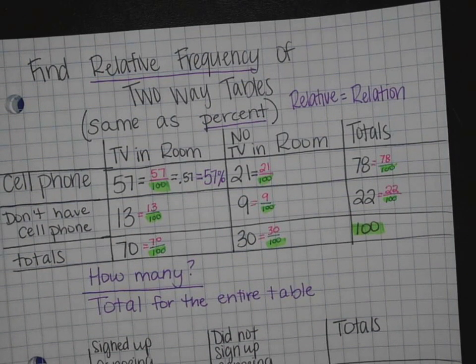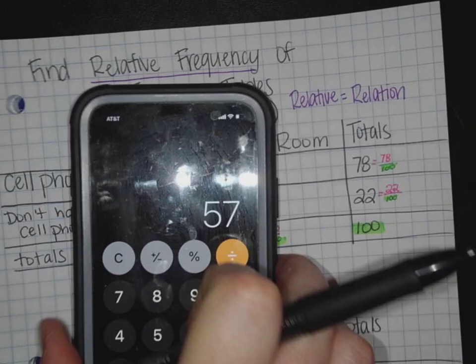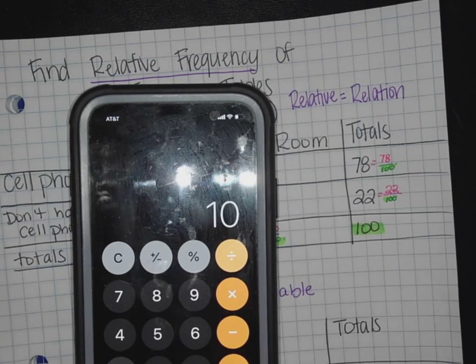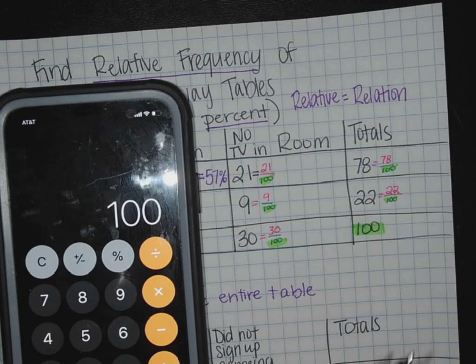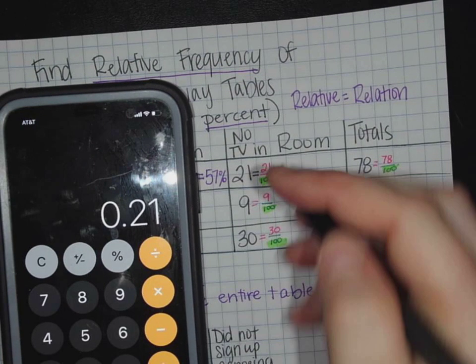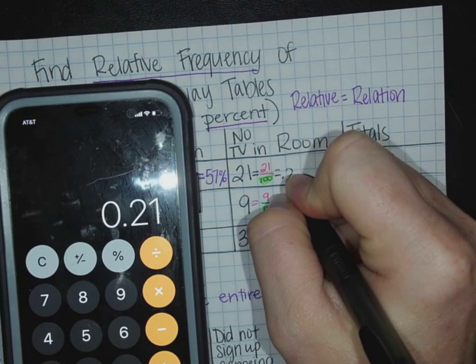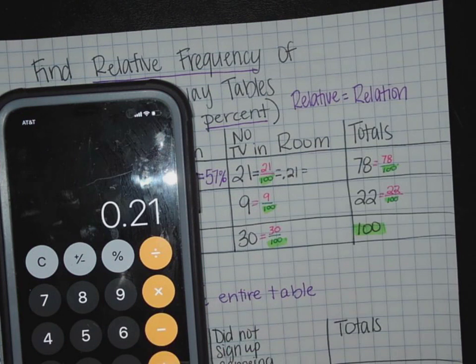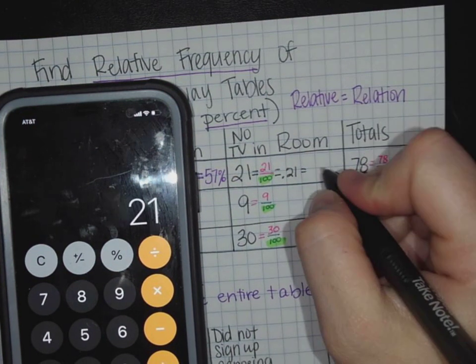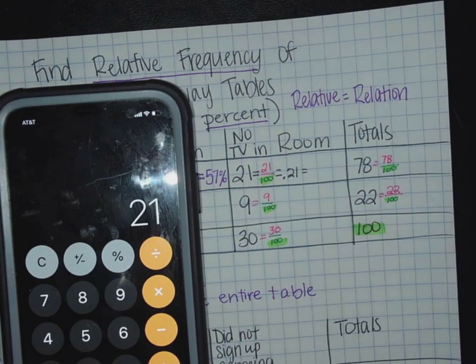Okay, so then I'm going to do 21 divided by 100. That's this one right here. I get 0.21. 0.21 times 100 is 21%.